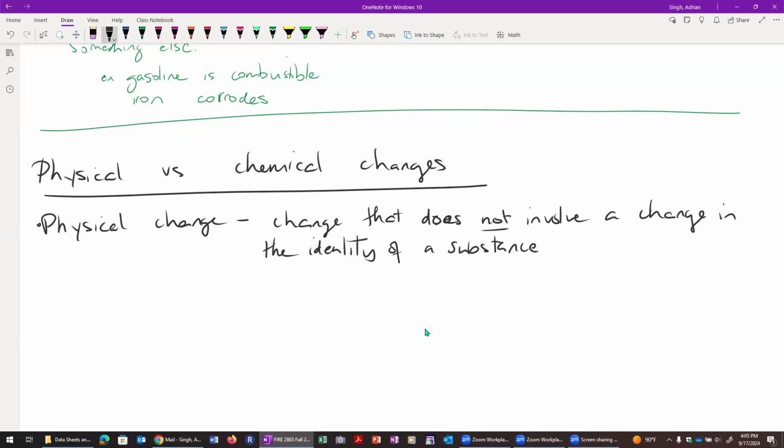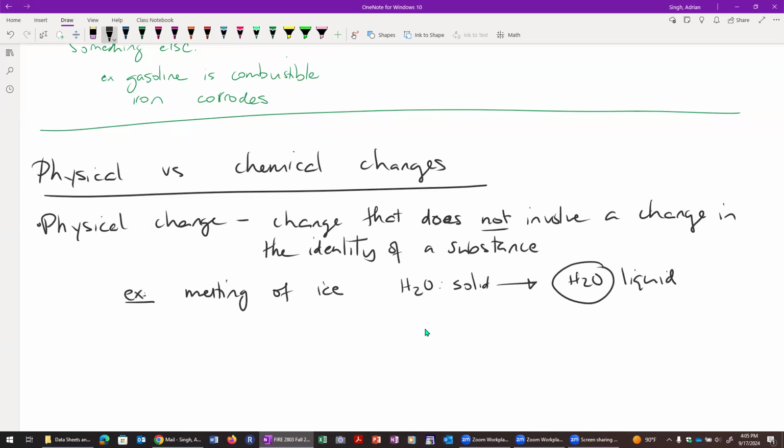We looked at six of these before, so for example, melting of, let's say, ice. It is nothing more than H2O, water, going from solid to H2O, the liquid. There is no change in the identity of the substance.